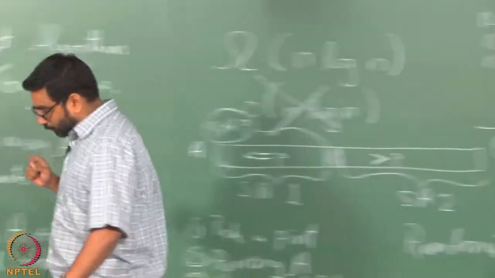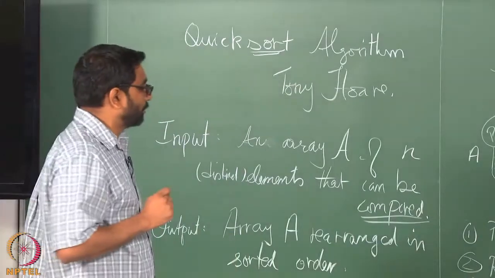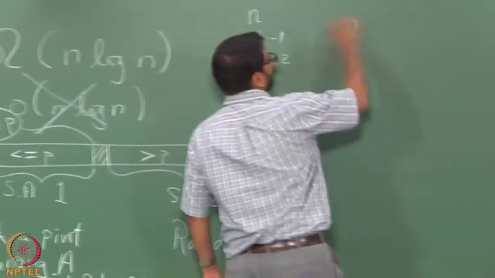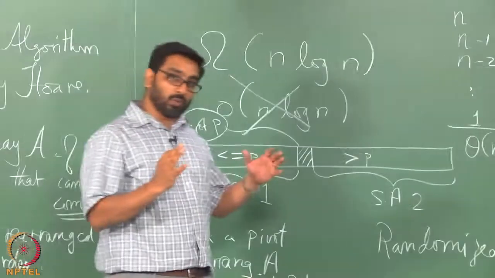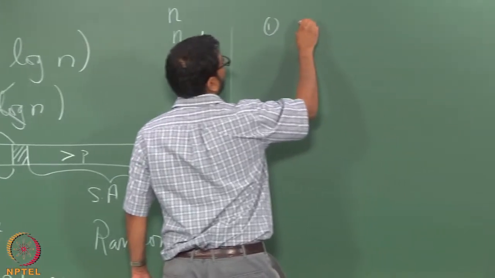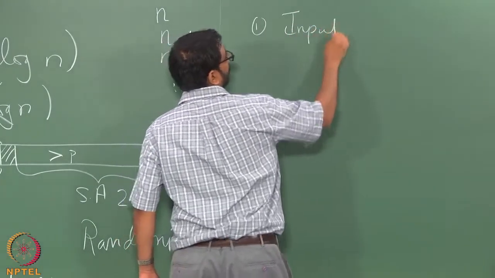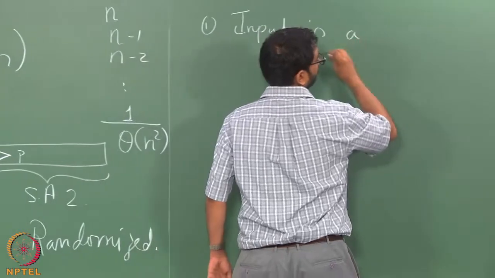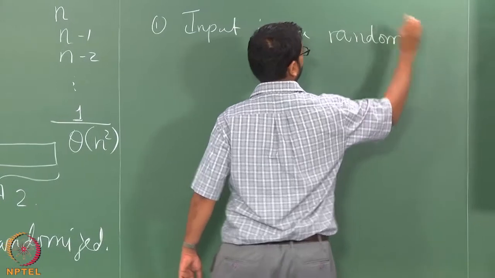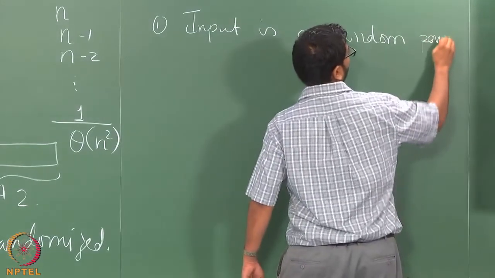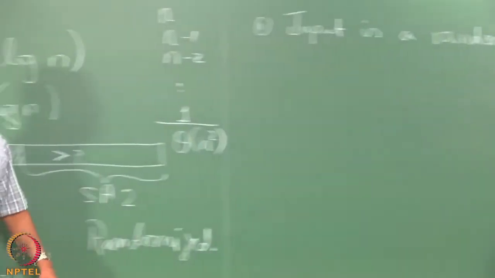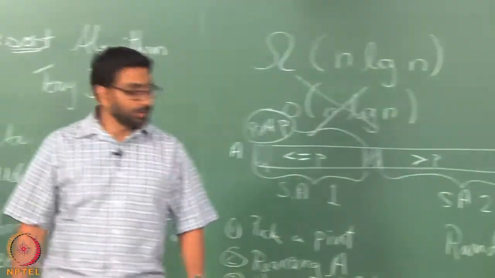There are a few ways to think about it. Let me point out one way to think. One way to bring in randomization is to assume that the input is a random permutation.